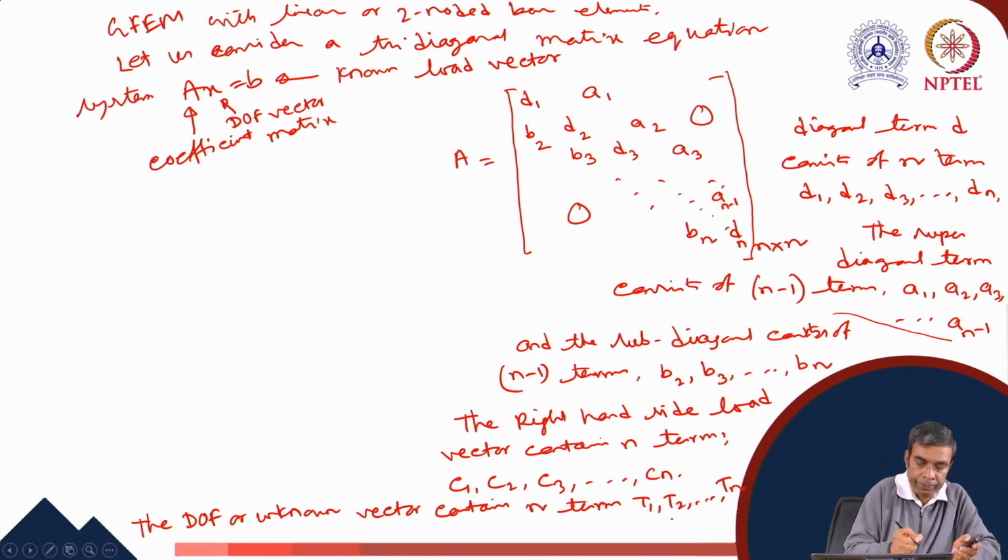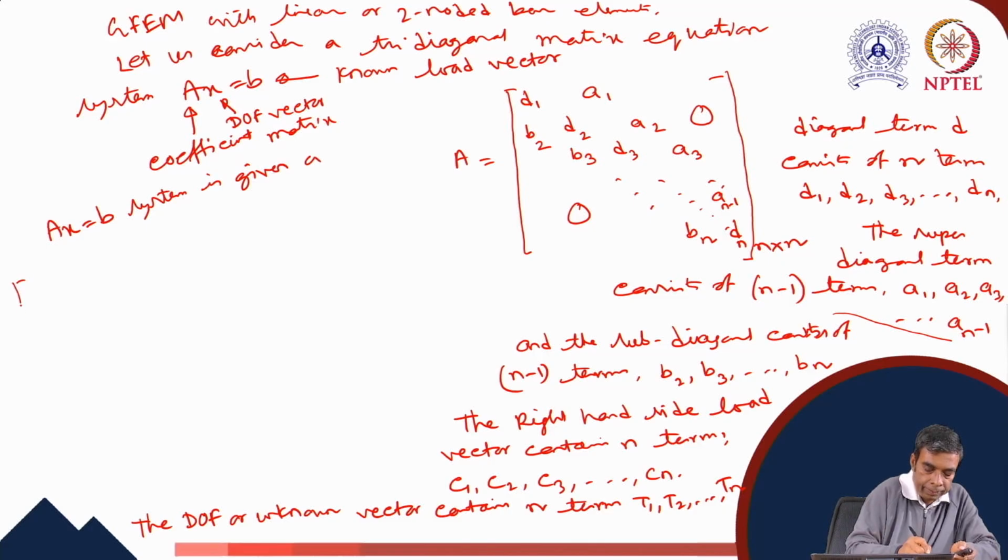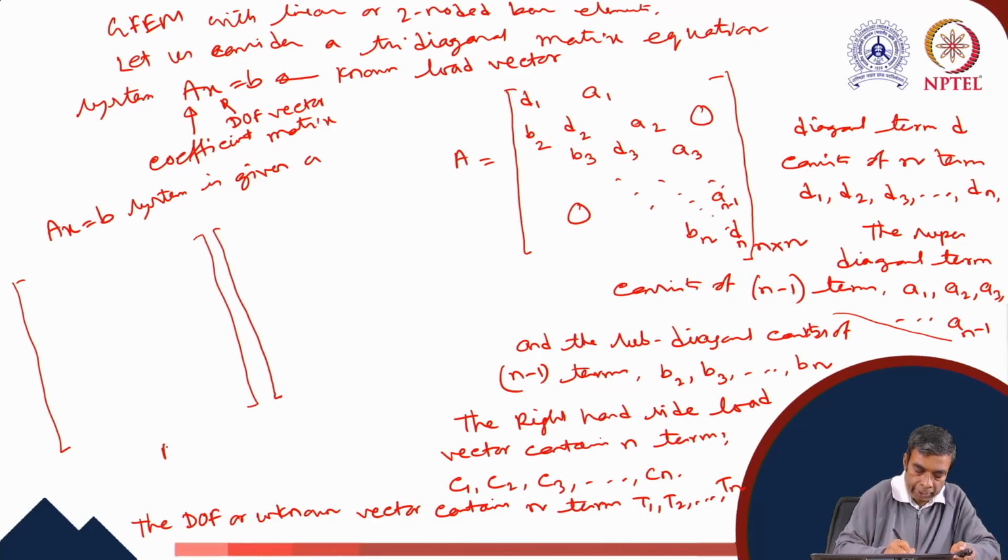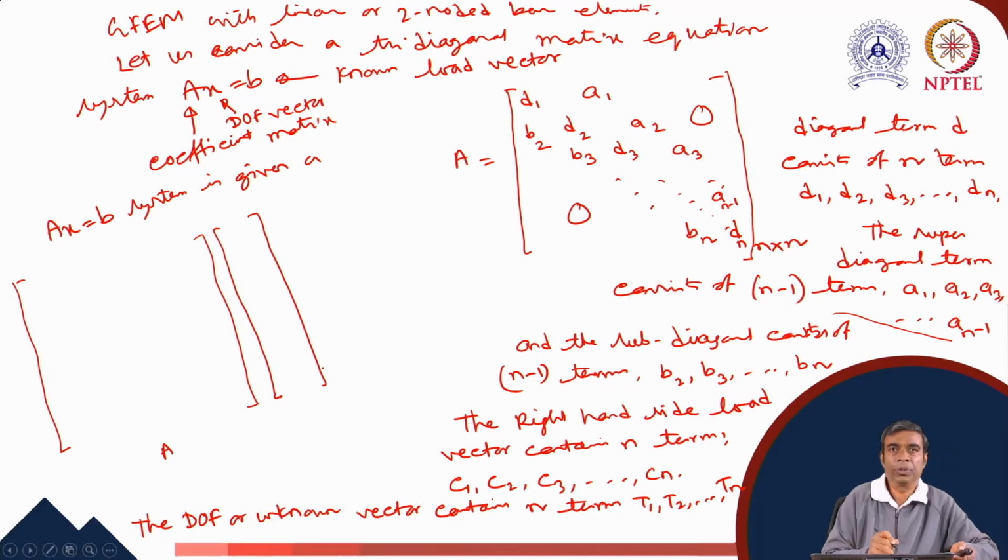Therefore, this Ax equals to B system is given as: this is the coefficient matrix A. Here we consider the unknown as temperature.